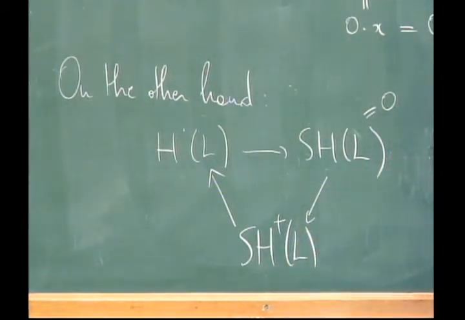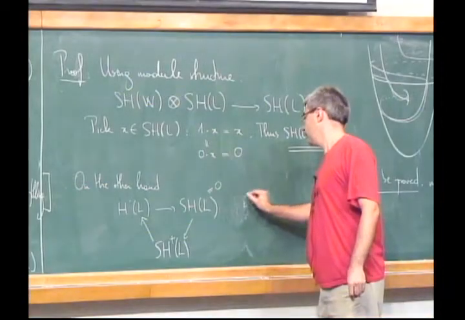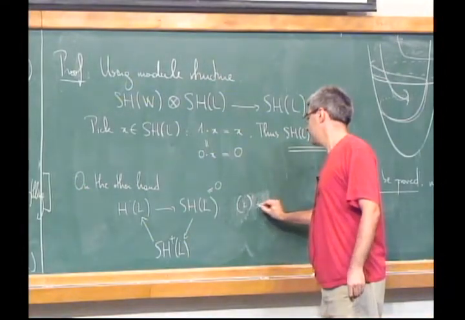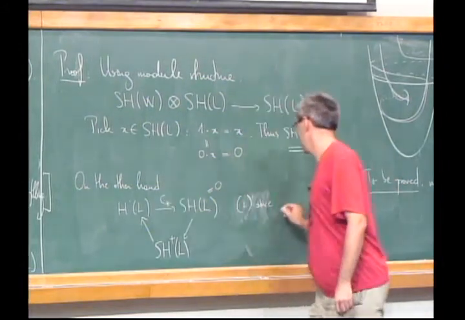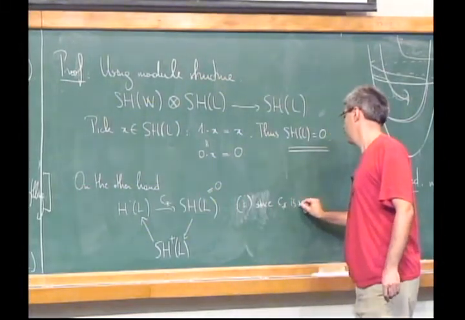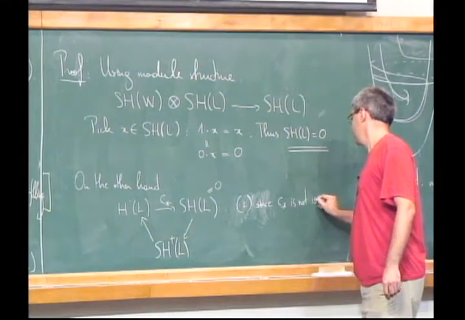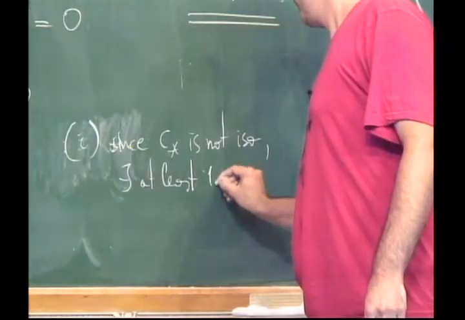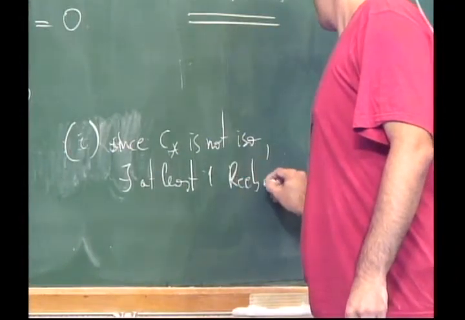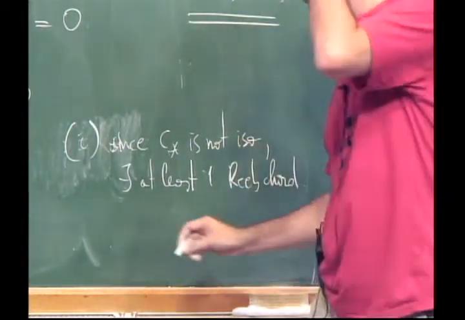So this implies, first thing, since this map, C star, is not an isomorphism, there exists at least one Reeb chord.